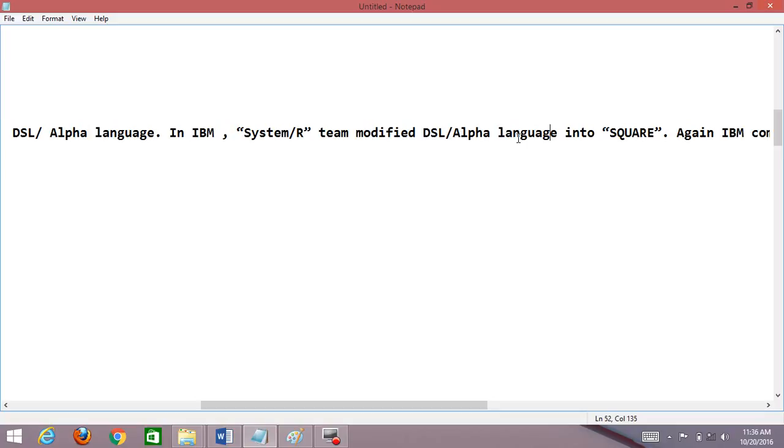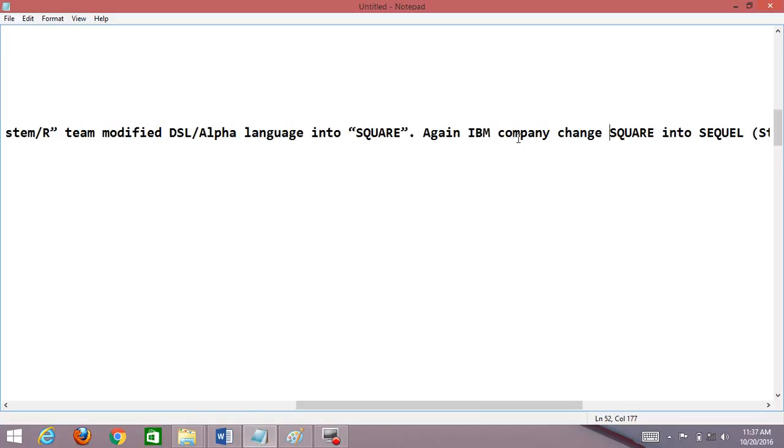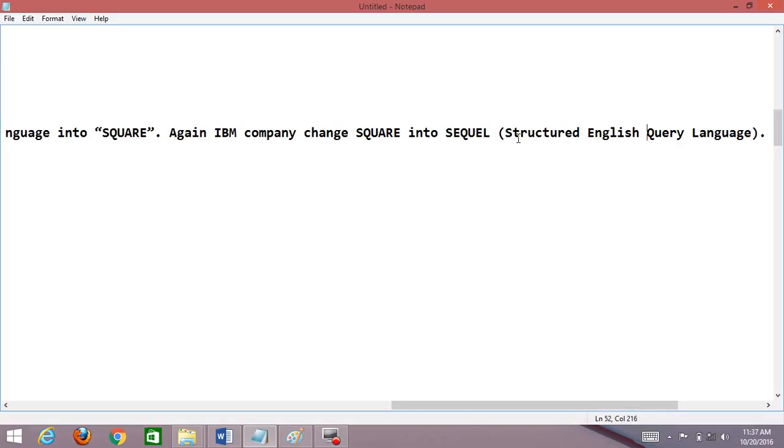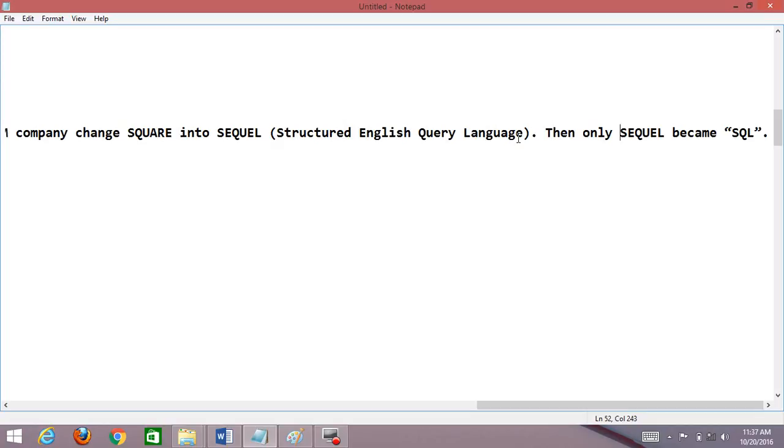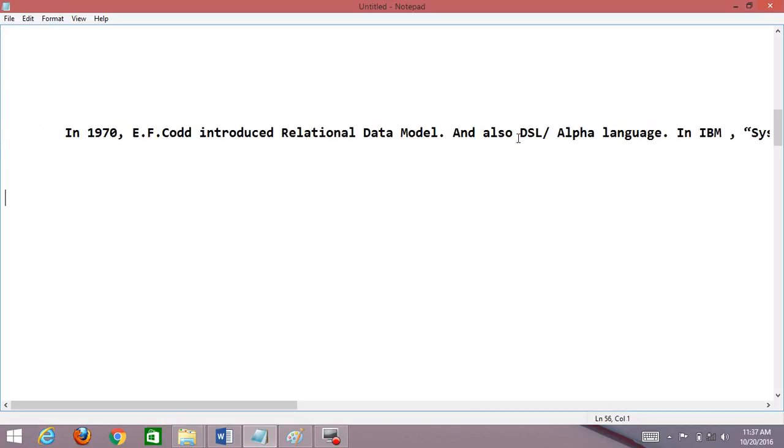First of all it was SQUARE, then IBM changed SQUARE into SEQUEL. Then IBM changed SEQUEL into SQL, a Structured Query Language. Then only SEQUEL became SQL.